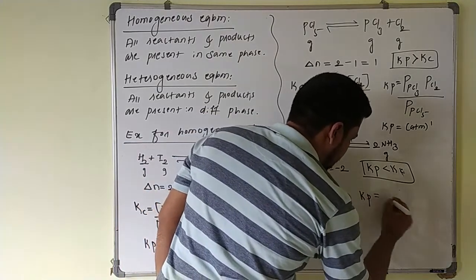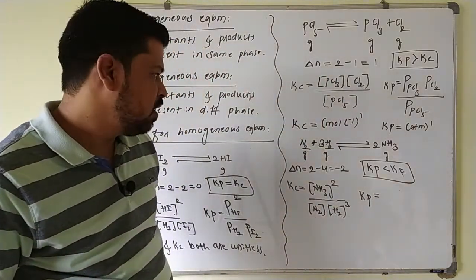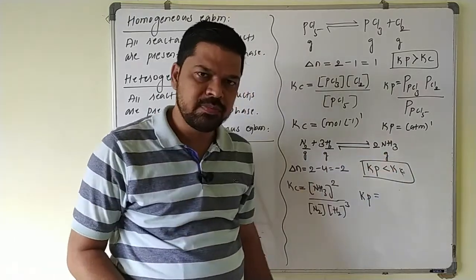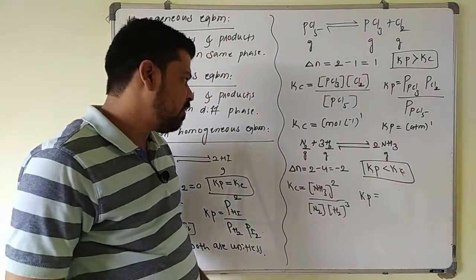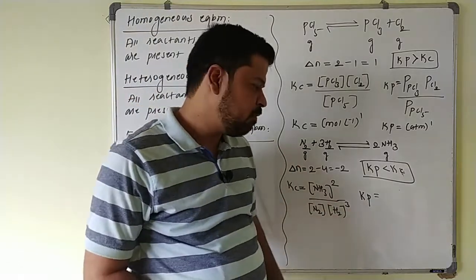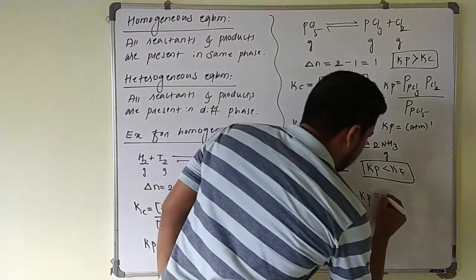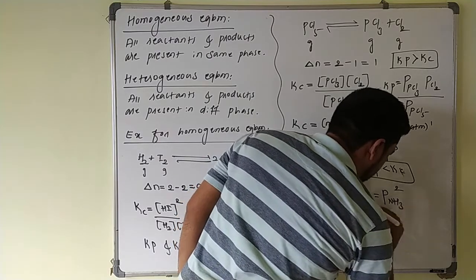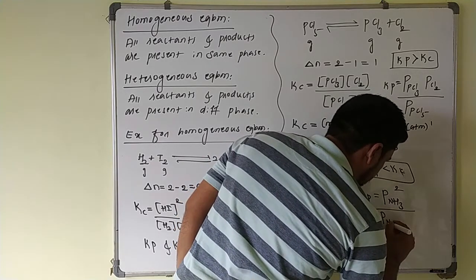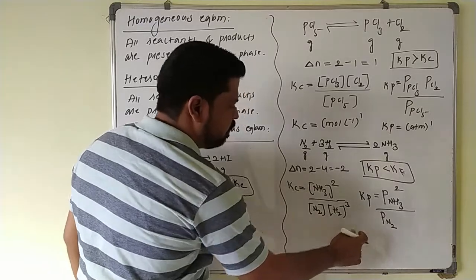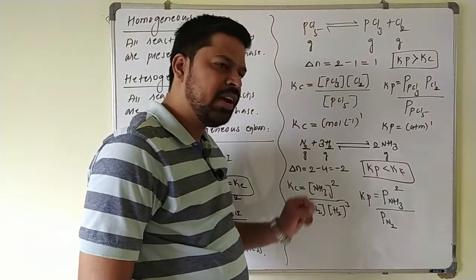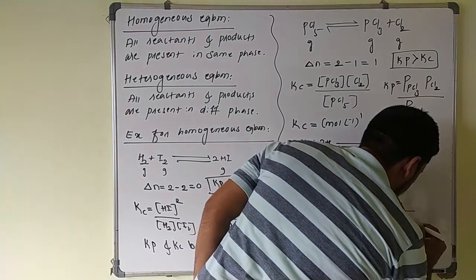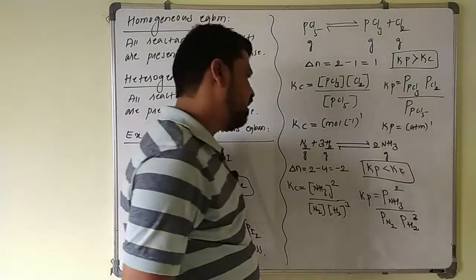Similarly, you can write the Kp expression, since it involves gaseous reactants as well as products. Kp equals partial pressure of ammonia power 2 divided by partial pressure of N2 into partial pressure of H2 power 3. You just take product divided by reactant.